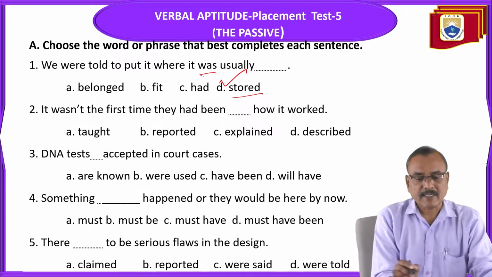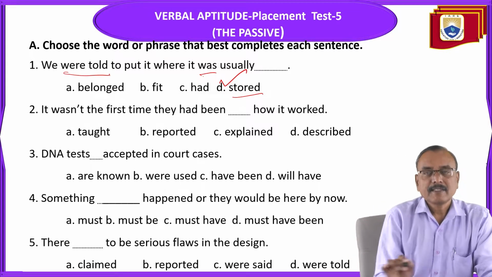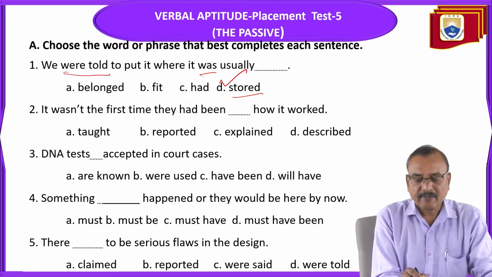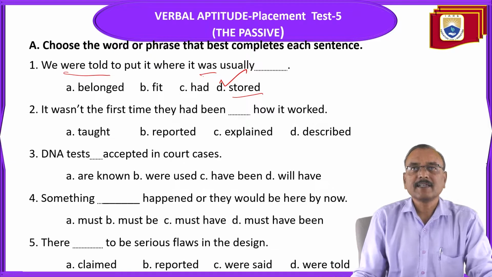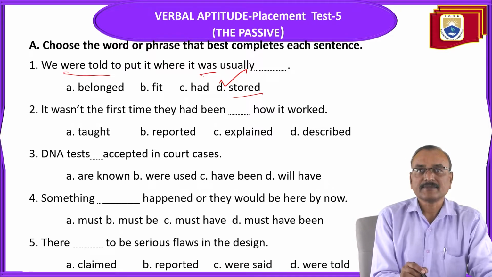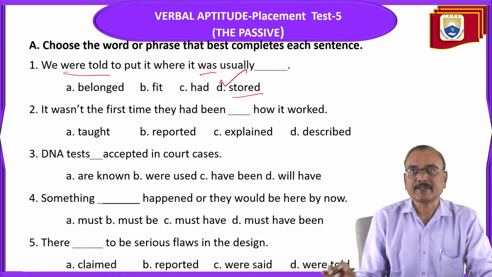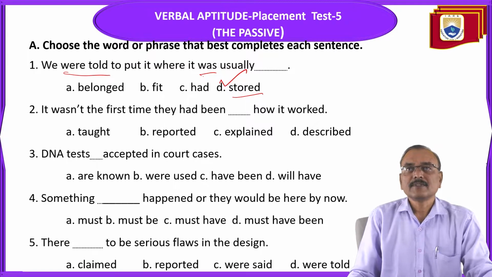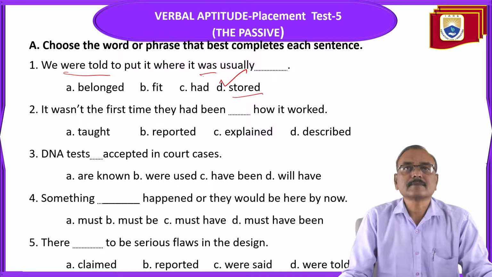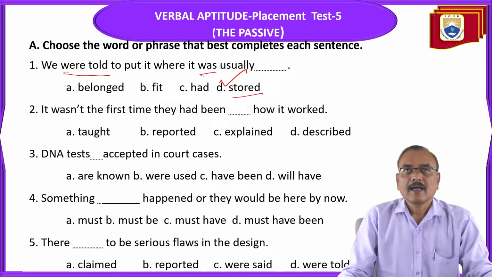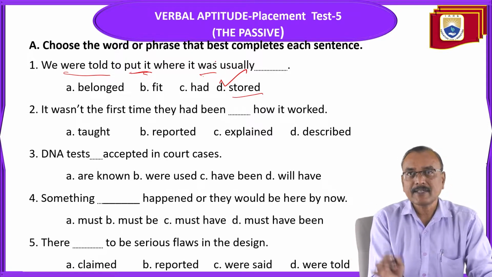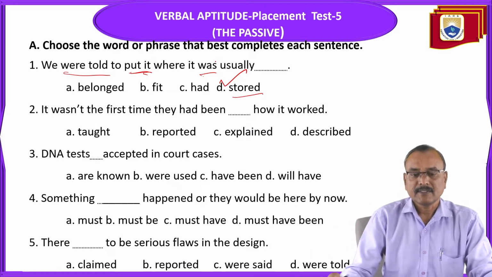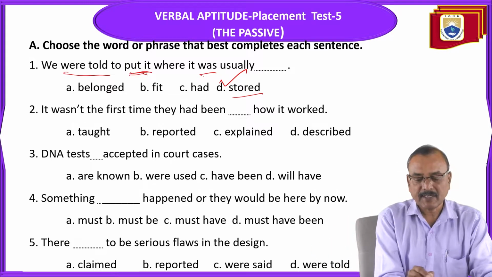So this we were told here, this is also passive, and was stored also passive, but you have to see the context here, which word fits here, belonged or fit or had or stored. So stored is the right option, right? How? So here see this, put it where it was usually stored. There is a relationship between this one and this one, okay.